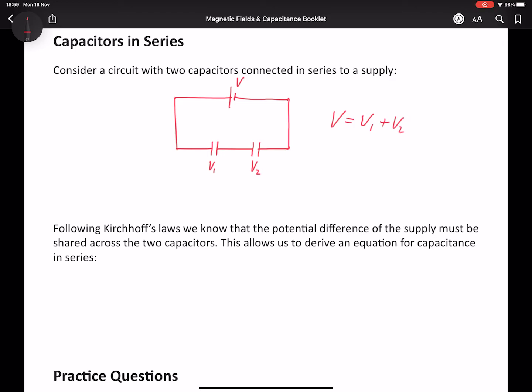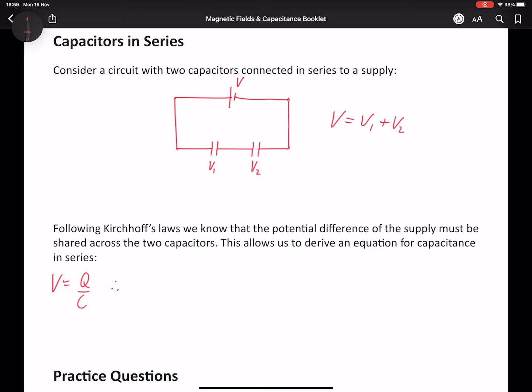So V equals V1 plus V2 in this case. As such, we can again use the basic capacitance equation. So we know that V is equal to Q over C.